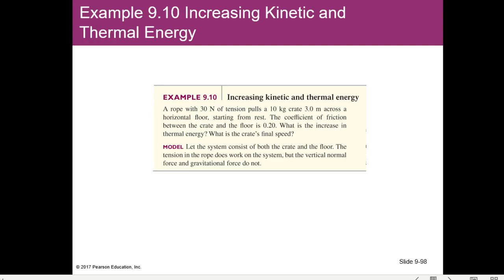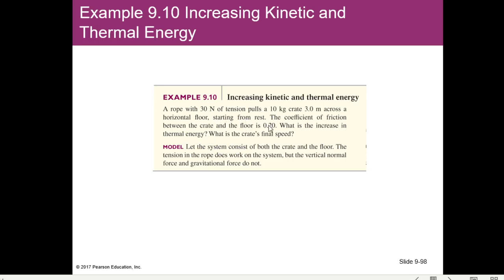We've got to put in all the forces on the crate. We've got to figure out how much work the tension does, and how much work the friction does. And then we can figure out what the net work, the total work done is, and therefore get the crate's final speed.